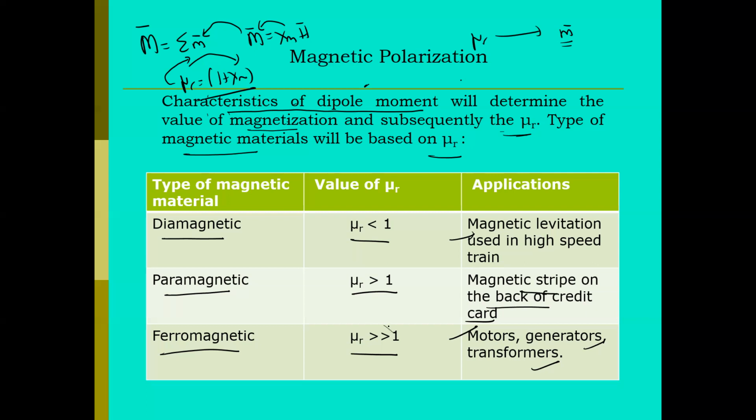So that's why in the case of ferromagnetic, mu R is much, much bigger than 1, so that a very huge value of flux intensity will be produced, and that will then be applied in motors, generators, and transformers. So these are the common classifications of materials, which depend on the values of your relative magnetic permeability, mu R.